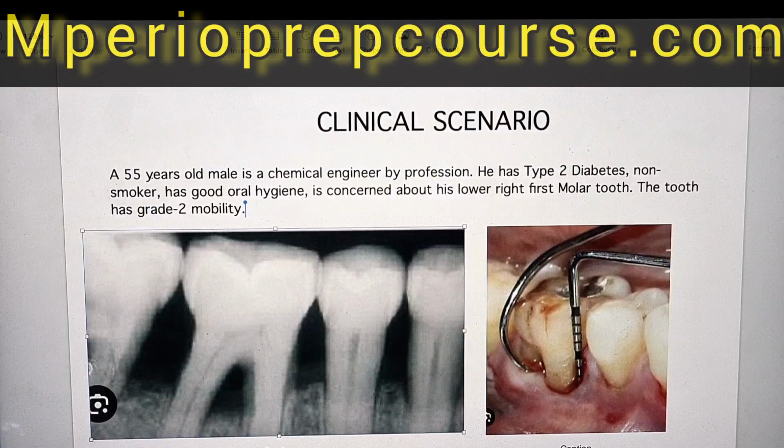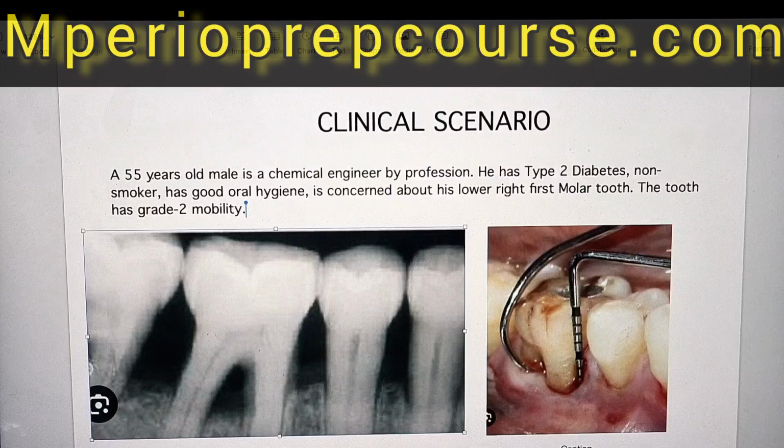And the disadvantage is that after this treatment there is the possibility of post-operative sensitivity of the teeth. Okay. And any complication associated with this treatment? Yes, caries is the main complication after this treatment.